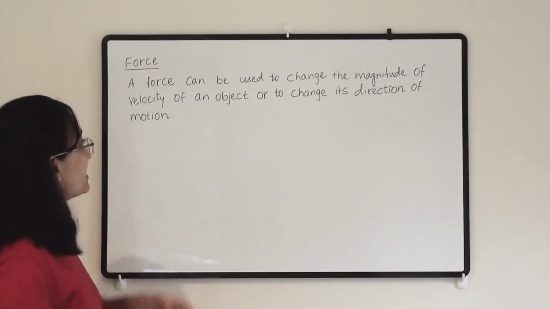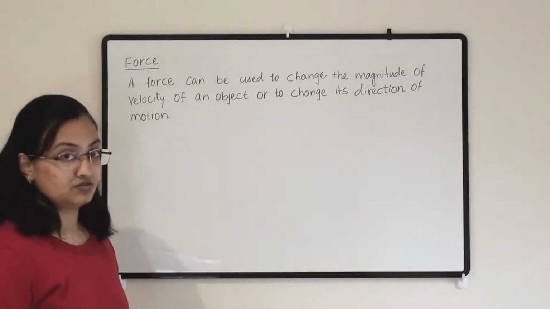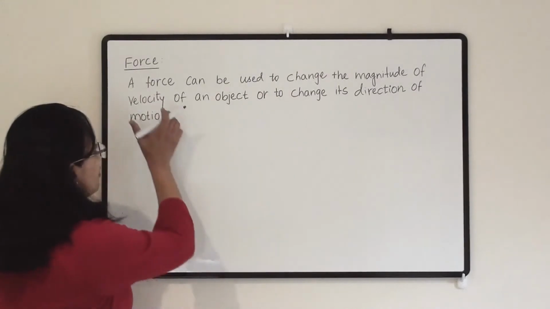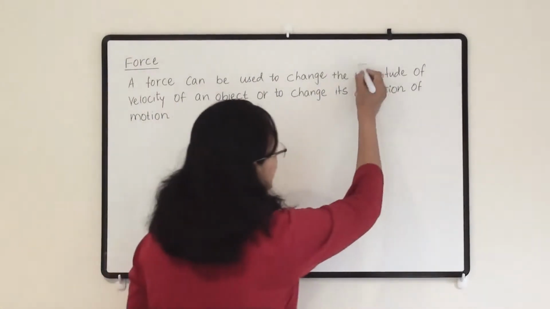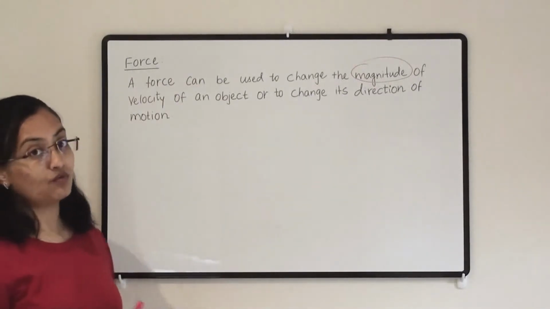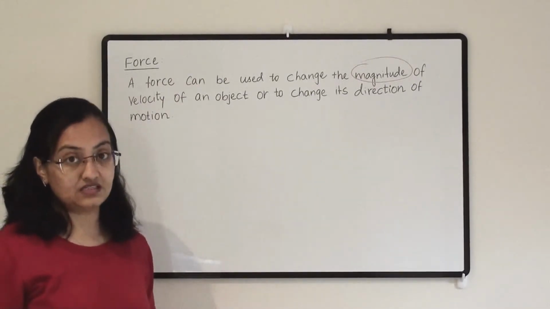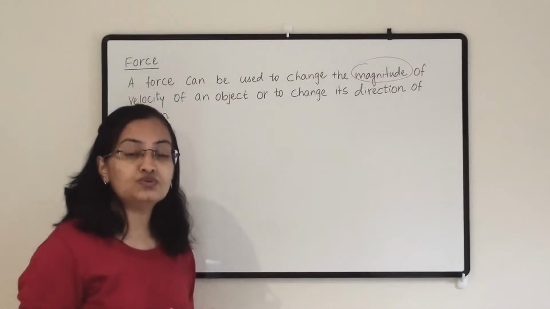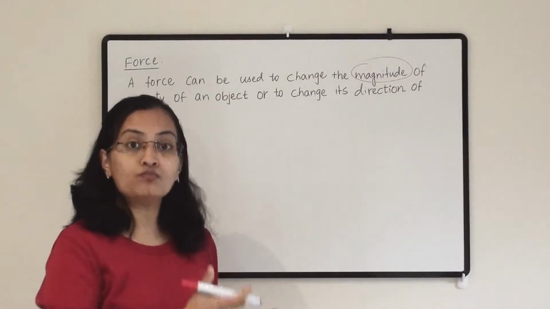A force can be used to change the magnitude of velocity. First of all, what is a velocity? That we have already learned in chapter 8. Here we are using many concepts from chapter 8.